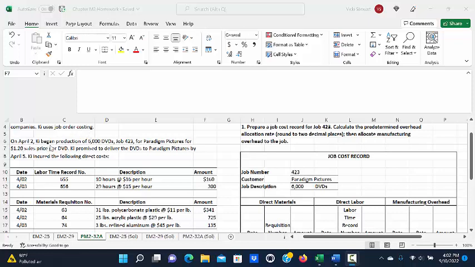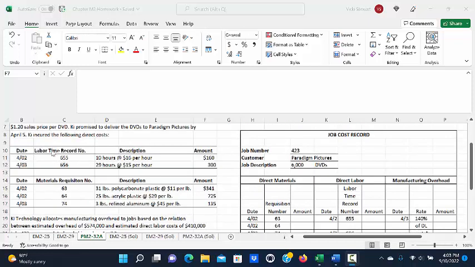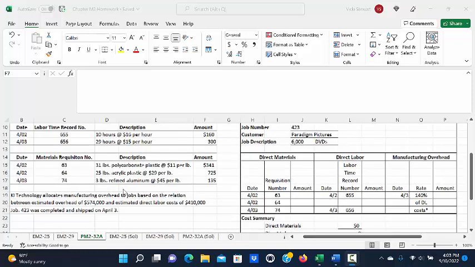On April 2nd, Kai began production of 6,000 DVDs, job 423, for Paradigm Pictures for a $1.20 sales price per DVD. It promised to deliver the DVDs to Paradigm Pictures by April 5th, and Kai incurred the following direct costs. So the problem gives us the direct labor cost and the direct materials requisitions for the DVDs.